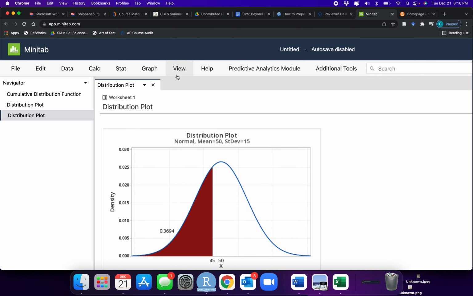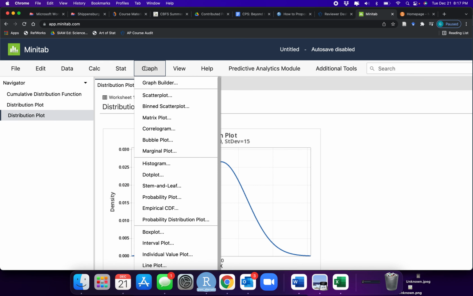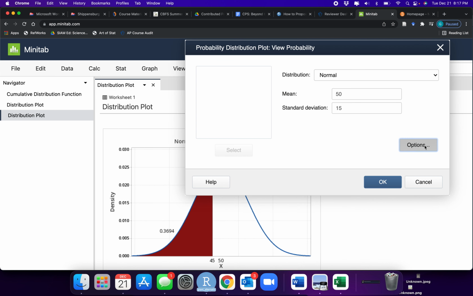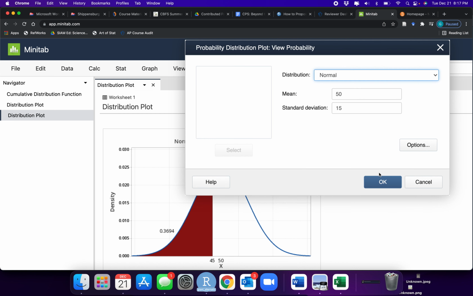In between, we just did. What about the probability that x is greater than 55? Graph, probability distribution plot, view probability. Greater than is going to be a right tail. Greater than is right tail. Less than is left tail. Okay, x value 55.